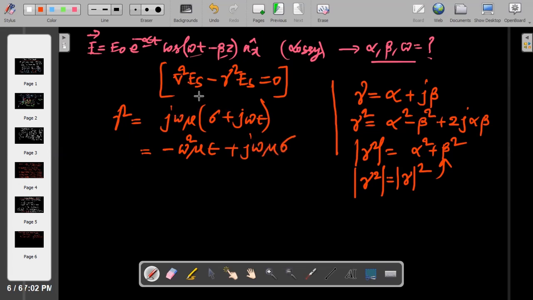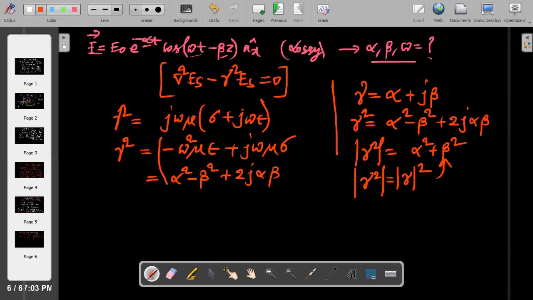How? This thing you multiply, it will come and this j square will be minus 1. So this is your gamma square. I think it is clear. Now your gamma square is also alpha square minus beta square plus 2j alpha beta. All of you please follow.